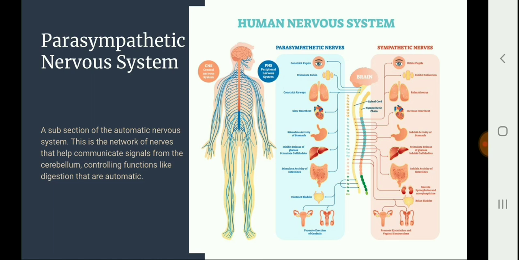We have to digest food, but we can't do it and shouldn't do it purposefully. If we had to decide to do everything, I think we'd get a little exhausted. And that's all of the bits of the nervous system that you need to know.